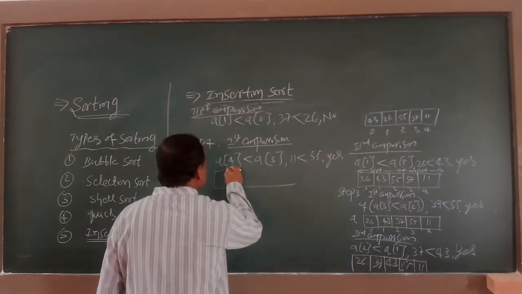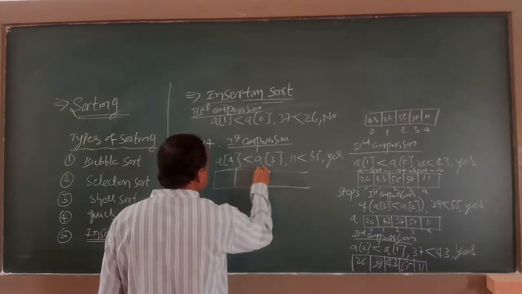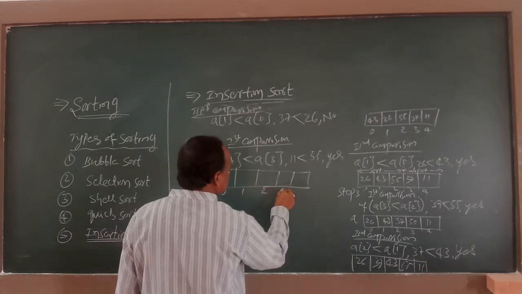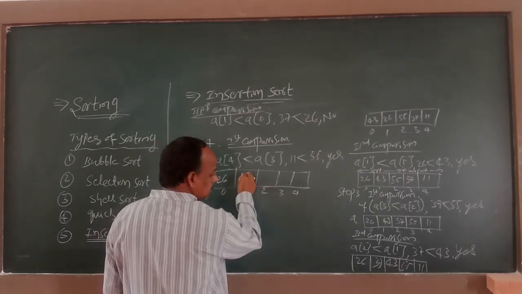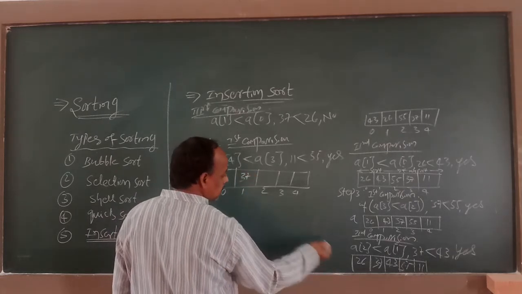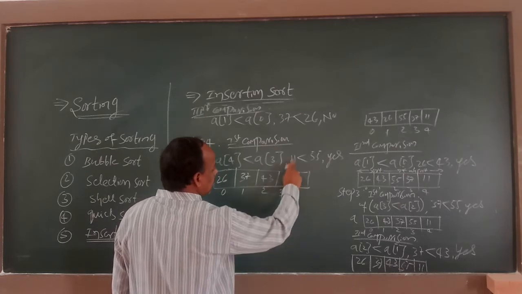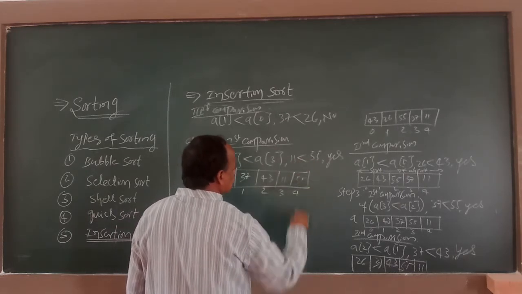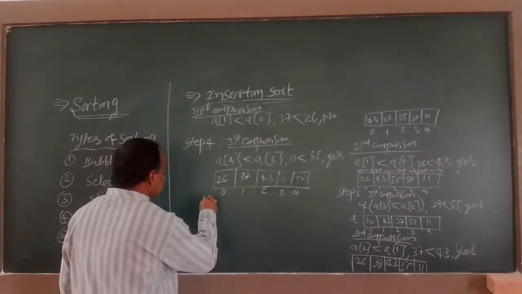Then we get 26, 37, 43. Now interchange 11 and 55. Here 11 comes, here 55 comes, right?